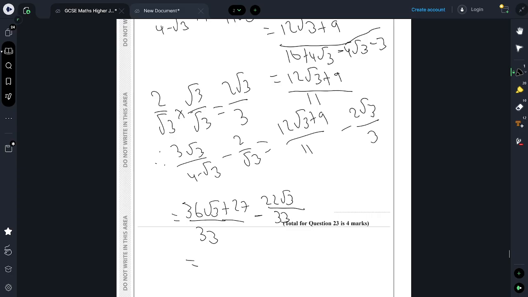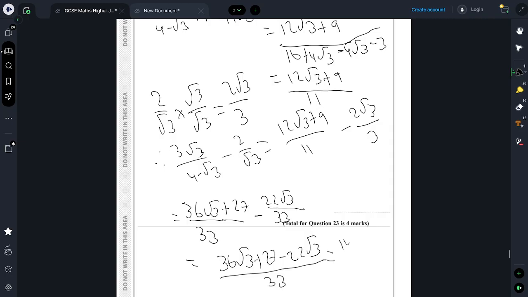And now we can simply subtract the top, right? Because they're the same denominator. So 36 root 3 plus 27 minus 22 root 3. Oh, hang on. Make that clearer. Minus, all over 33. 36 root 3 minus 22 root 3.